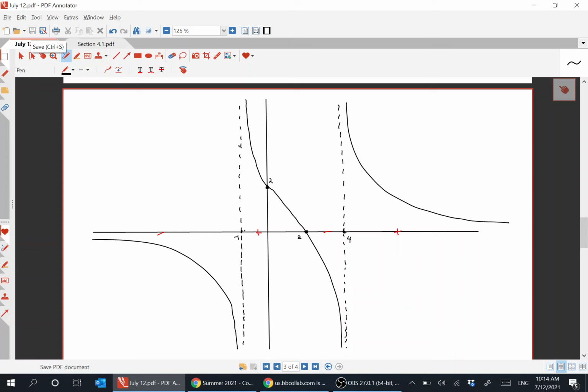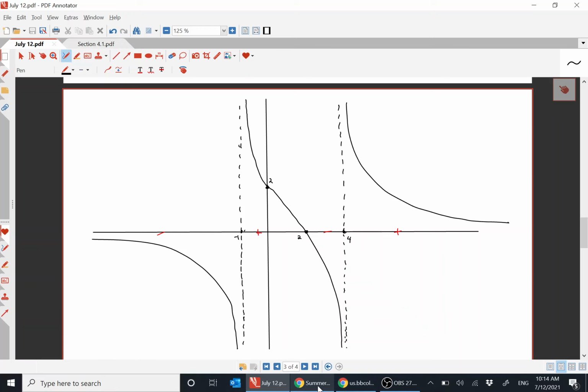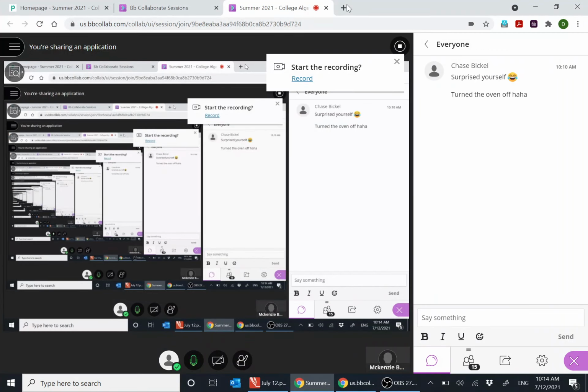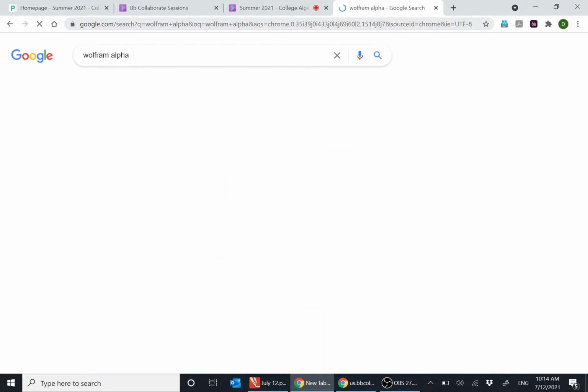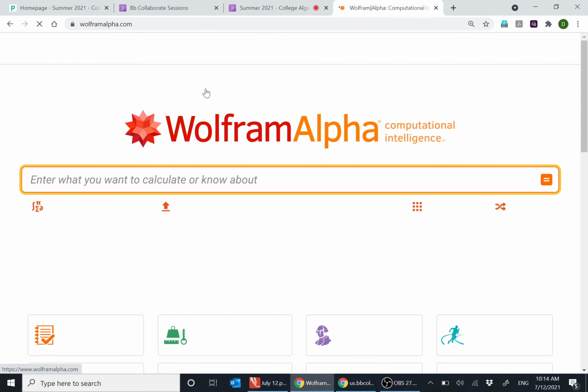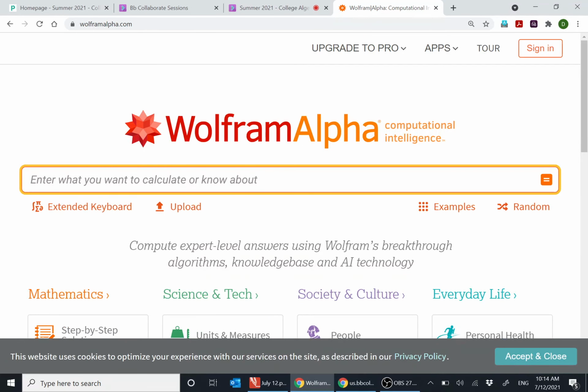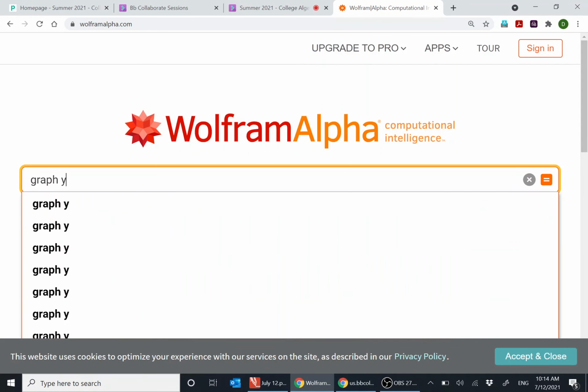All right, if you want to get a more detailed sketch, you can always plug that into Wolfram Alpha and ask it to get a sketch for you. So graph y equals, so what was this one?